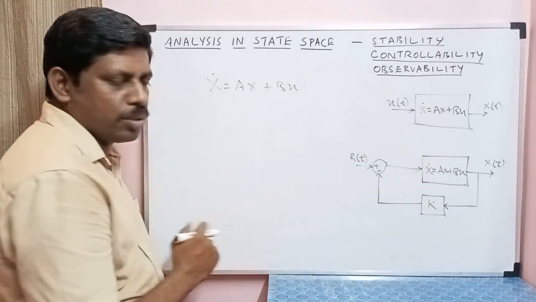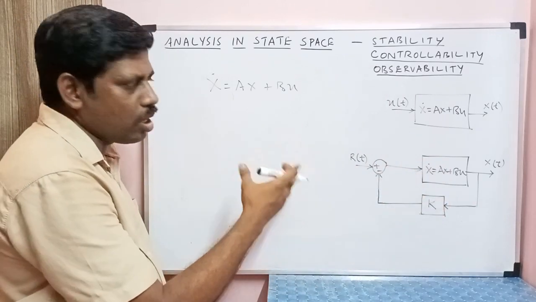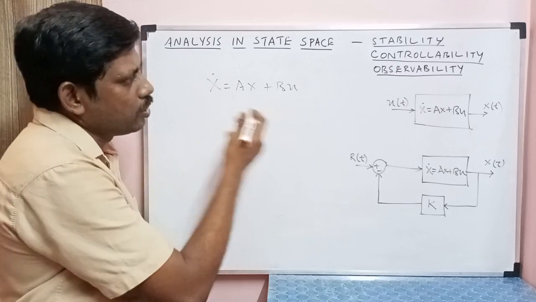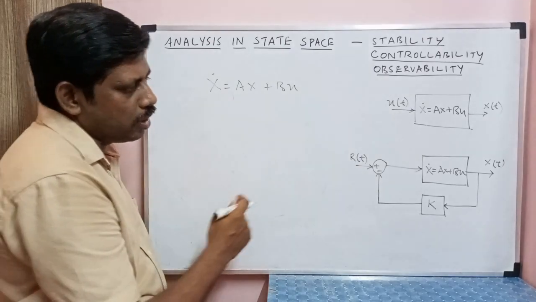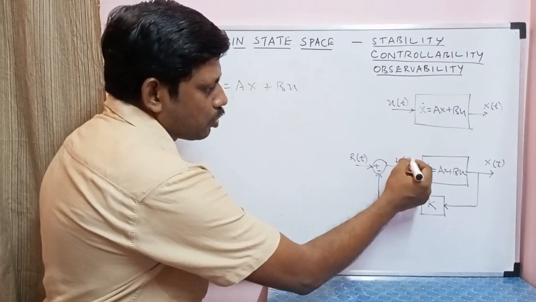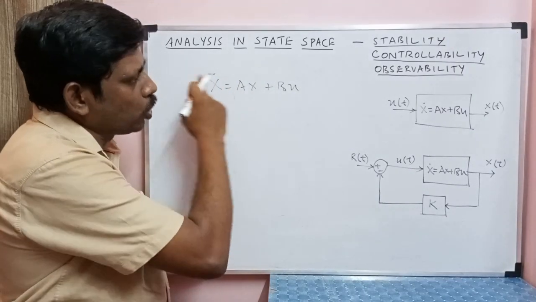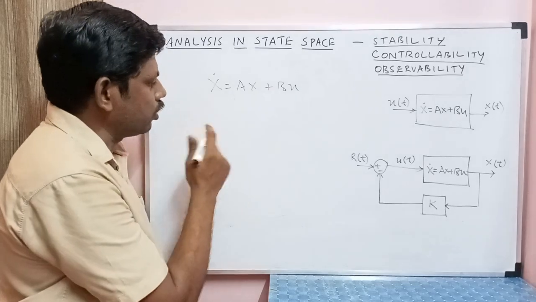Now I have included a state feedback controller in the system, and let us see how the equation of the system is getting modified. Even with this control, the plant model is the same. The only thing is the input gets altered.